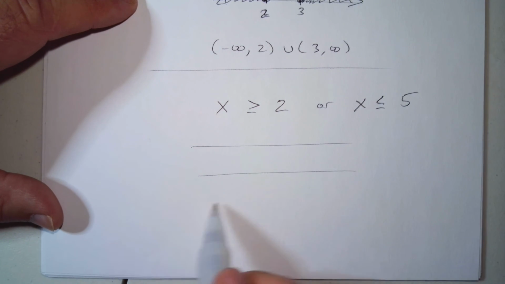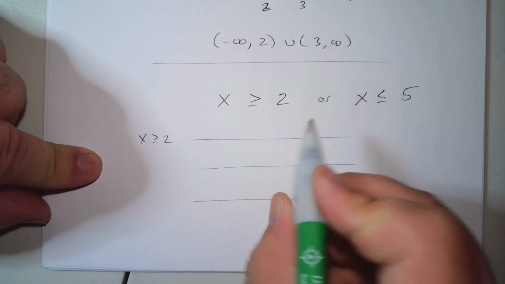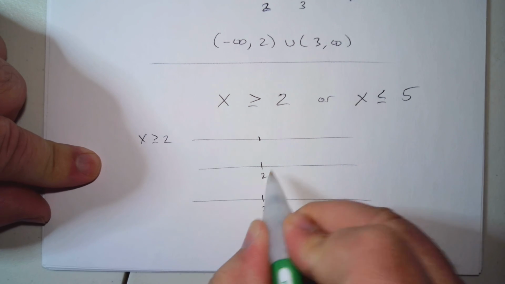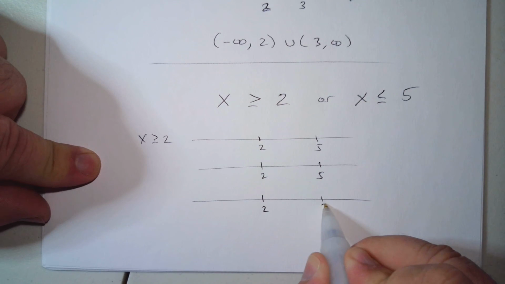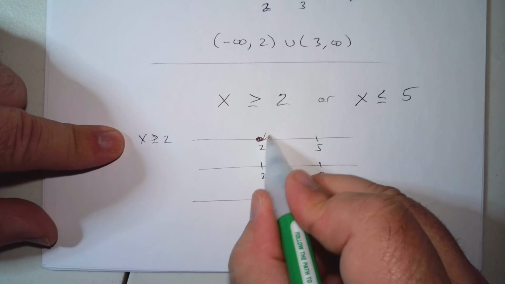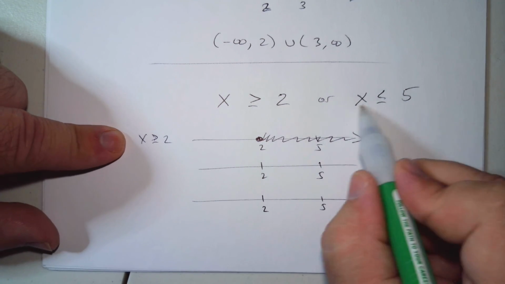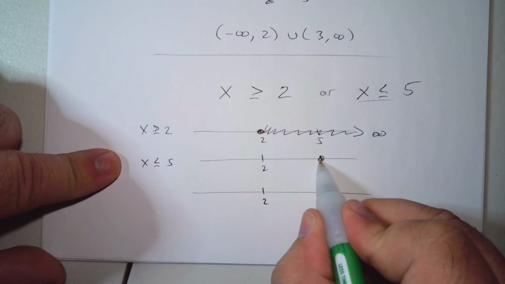Let's look at the first one. X is greater than or equal to 2. So here's 2. And here's 5. So this one's greater than or equal to 2. So here's 2, going to infinity. Next one, x is less than or equal to 5.